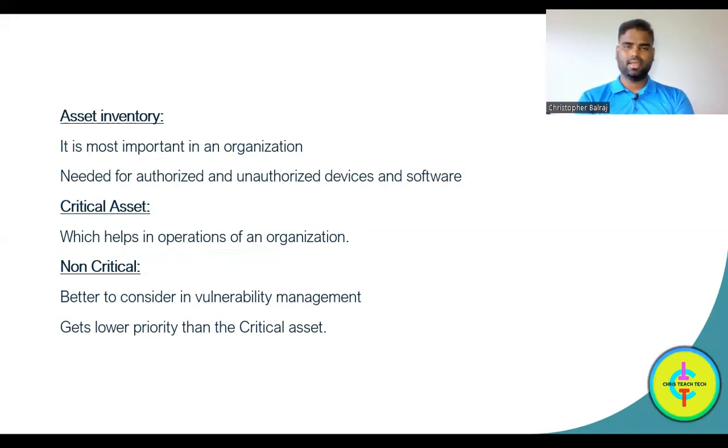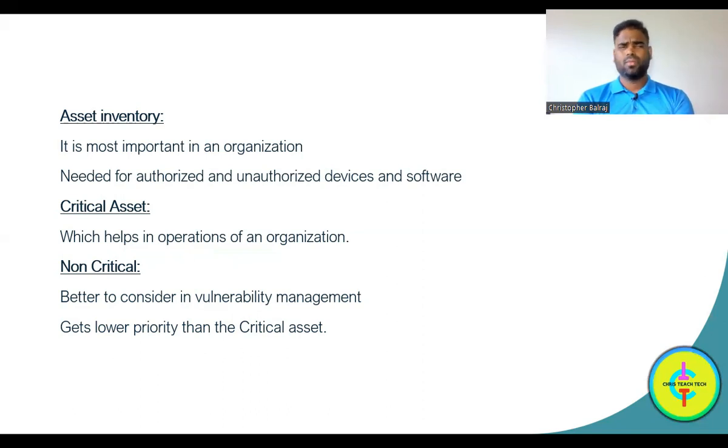And critical assets: every organization has certain devices, hardware or software, that play an important role in their everyday functionality. Make sure you are protecting that data and those devices. There are also some non-critical assets.